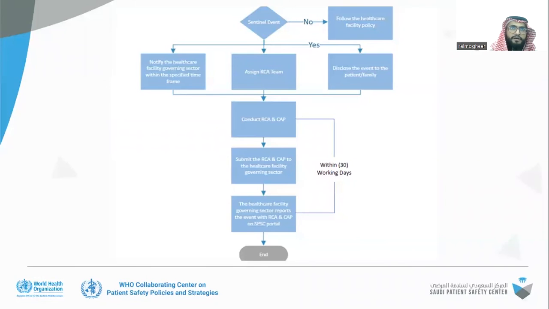I know that some of you said before assigning we should disclose it to the patient and family, but there is no unified or known step of which comes first, the assignment of the team or the disclosure. Okay, so afterwards we have to conduct the RCA and corrective action plans. We'll come up with the corrective action plan in the report of the RCA within 30 days.